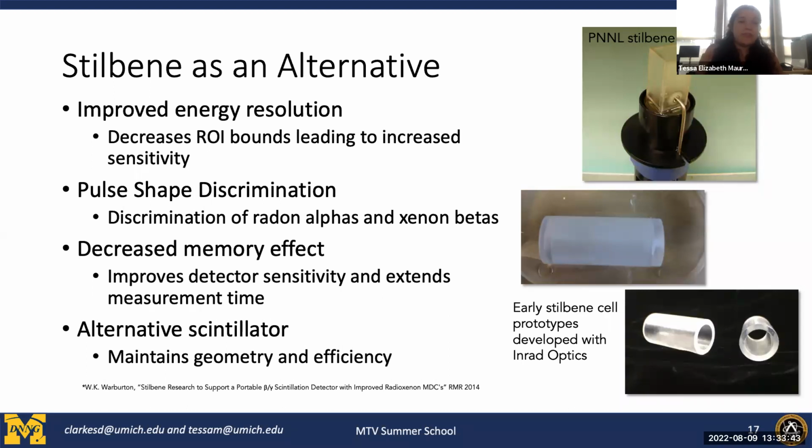Our previous work had shown that we have improved energy resolution, which decreases those ROI bounds, like on the image I showed before, and leads to increased sensitivity. Additionally, stilbene has pulse shape discrimination capabilities. This means that we can discriminate radon alphas from xenon betas. Also, I'll get a little bit more into this in the next slide, but we have decreased memory effect with stilbene when compared to plastic scintillators. Of course, this improves the detector sensitivity and extends our measurement time.